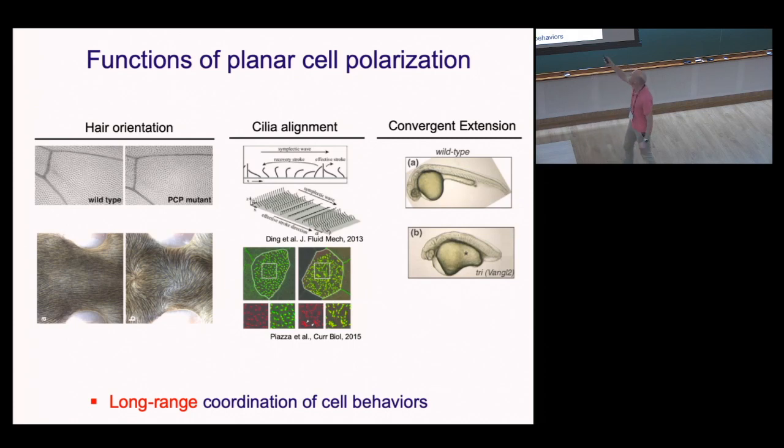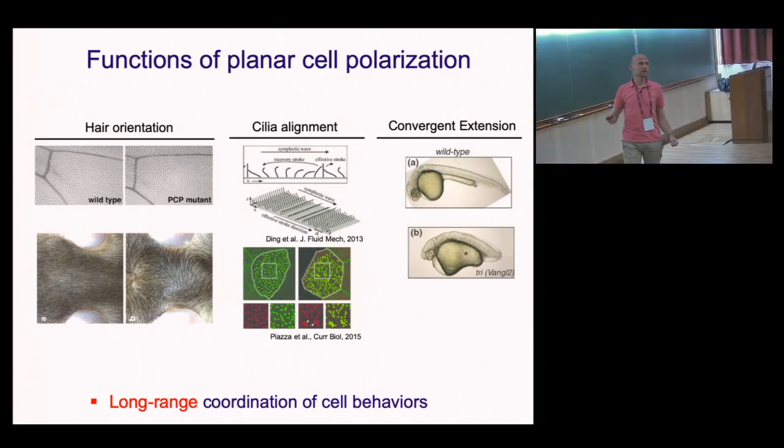However, convergent extension is also hugely important in a mouse. So you won't get an embryo without PCP. And also the cilia alignment is very important in the mouse. If PCP is defective, the common phenotype is, for example, hydrocephaly, the accumulation of fluids in the brain, simply because the flow doesn't work.